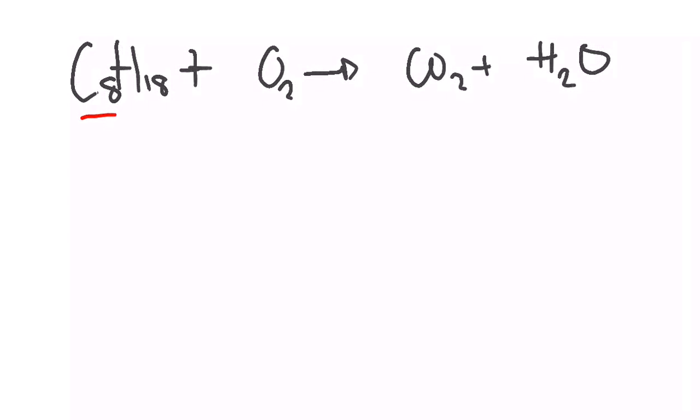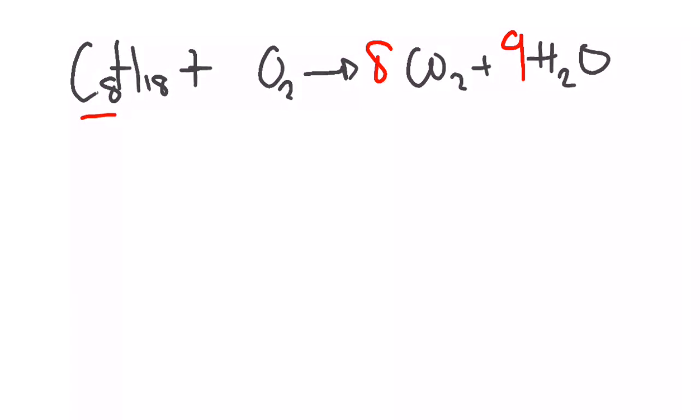So there's 8 carbons on the reactant side, and there's only 1 carbon on the product side. So we need to put a coefficient 8 in front of this carbon dioxide. On the reactant side, there's 18 hydrogens. On the product side, there's only 2. So if we put a 9 in front of this water, the coefficient 9, then we would have 18 hydrogens.